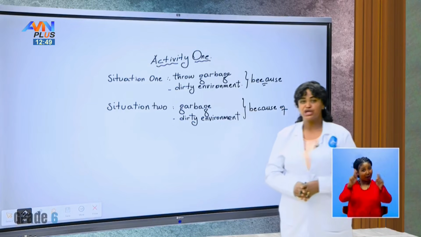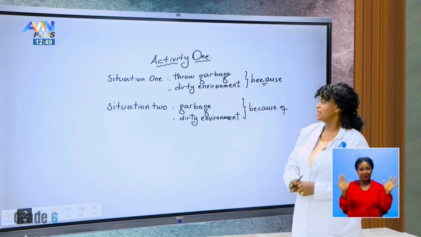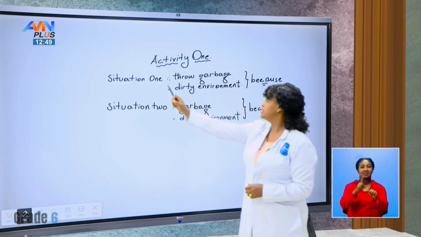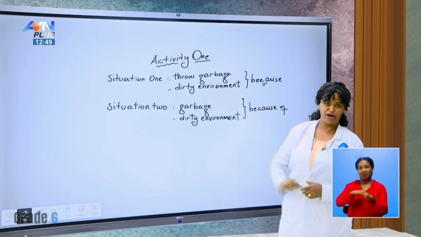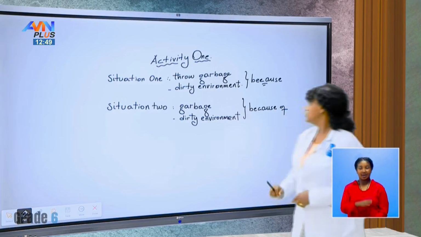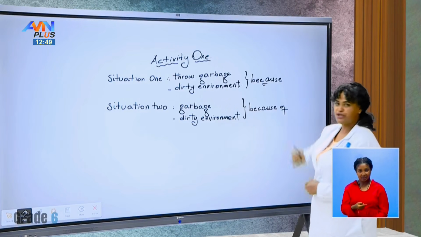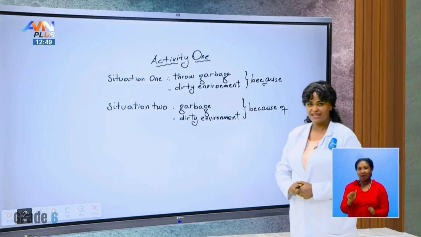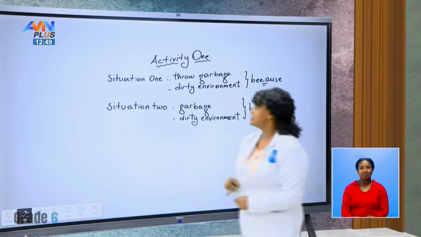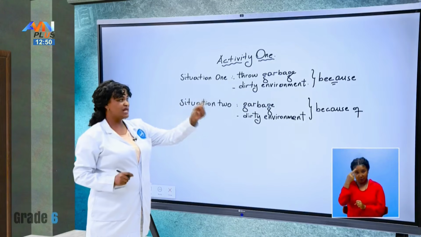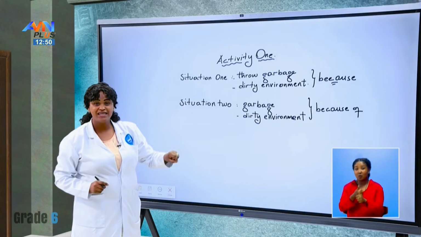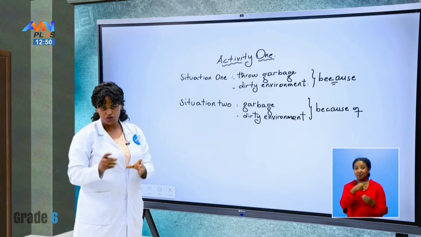All right, your time is up. The first one, situation 1, throw garbage and dirty environment. And I said to use "because." How do you say? Let's do it together. Since we are using "because," then "because" is followed by subject plus verb, a clause, right?